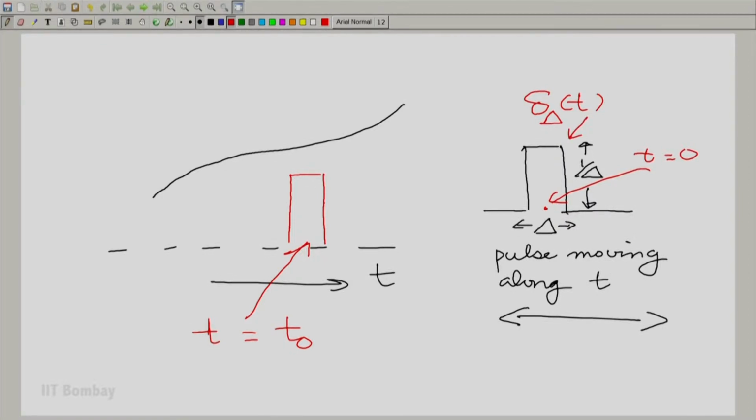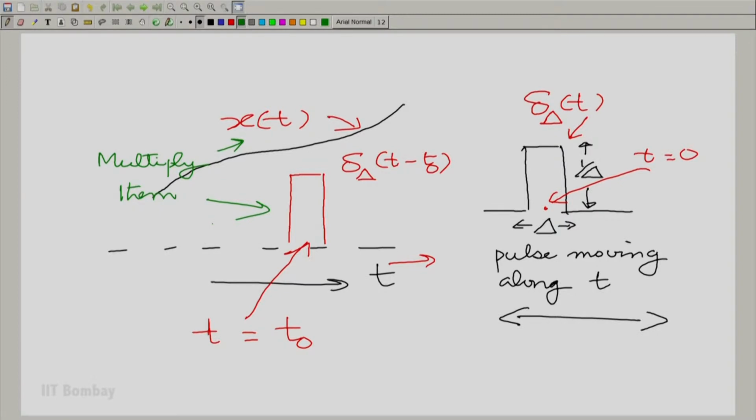Then this pulse which I have drawn here can be written as delta capital delta t minus t0, shifted to lie at t0 instead of at 0. And the original function that I have here is x of t as a function of t. Now, I multiply these two and let us see what I get.